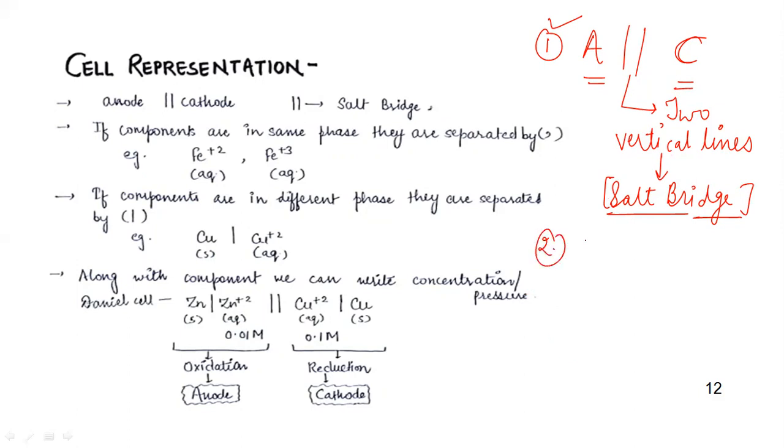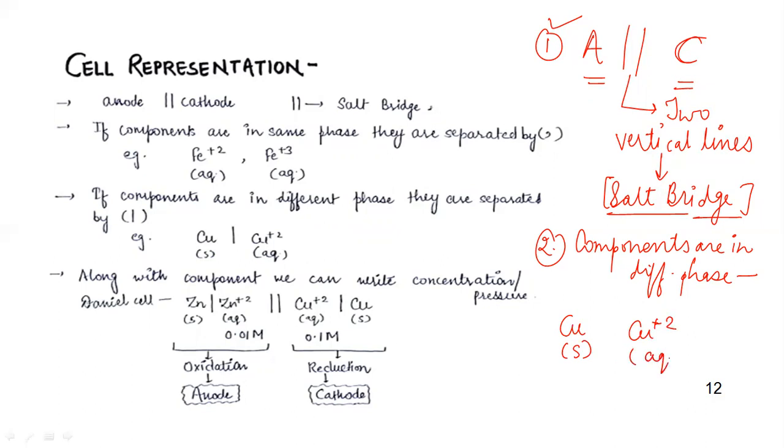If components are in different phases. Okay, what does it mean? Let's understand. If components are in the different phases, like copper solid and Cu plus 2 aqueous.